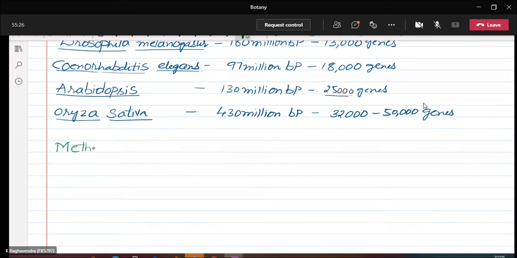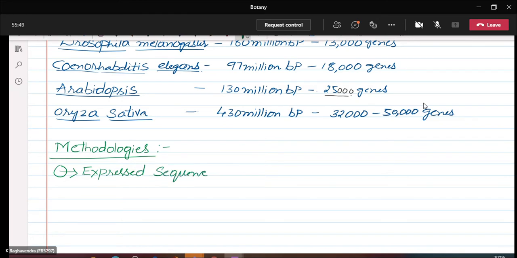There are two approaches, right, to sequence the human genome. The first approach is called expressed sequence tags. Let's first start the discussion on expressed sequence tags. So this is really a wonderful approach, right? I'll tell you. So what did they actually do in this particular methodology?